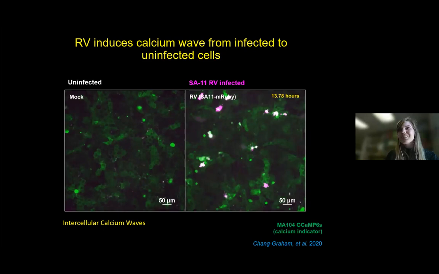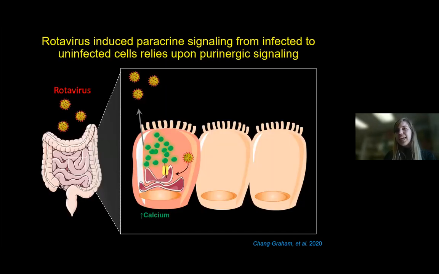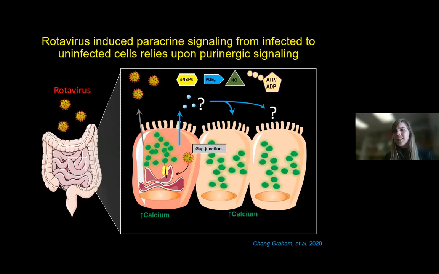For those observed waves, former Ph.D. student Dr. Alex Chang-Graham did a number of experiments looking at potential candidates, which included the rotavirus enterotoxin NSP4, gap junctions, prostaglandin, nitric oxide, and the purines ATP and ADP.